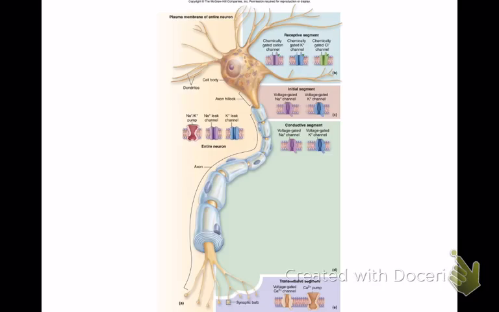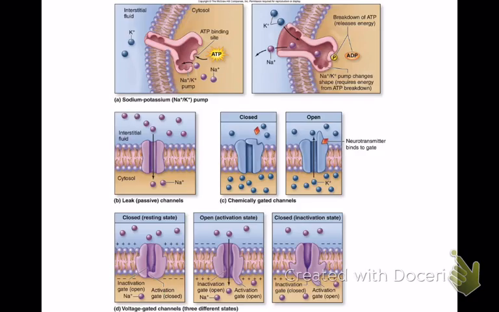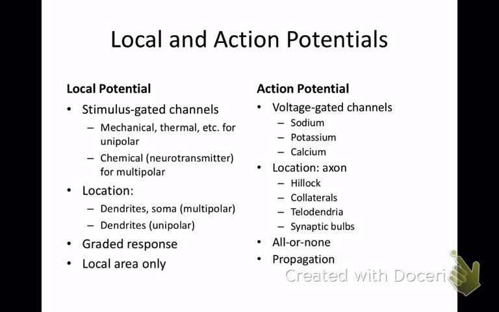So let's start with the easy one. Where are the voltage regulated gates? Let's go back and take a look. Where are voltage regulated gates? Which side of the list are they on? Are they on the left side or the right side? They're on the right side.